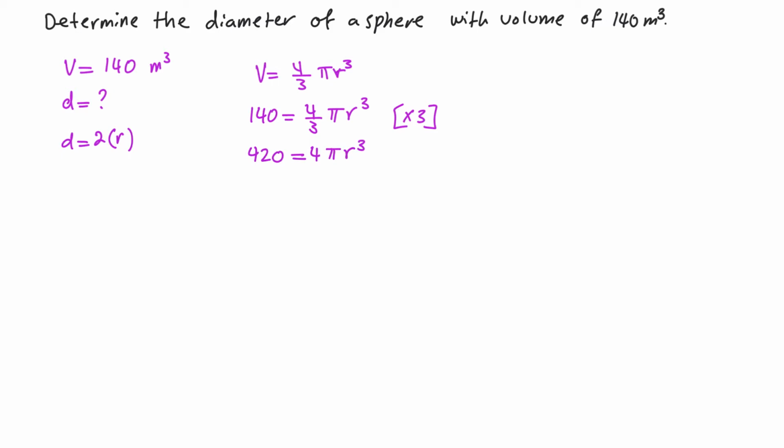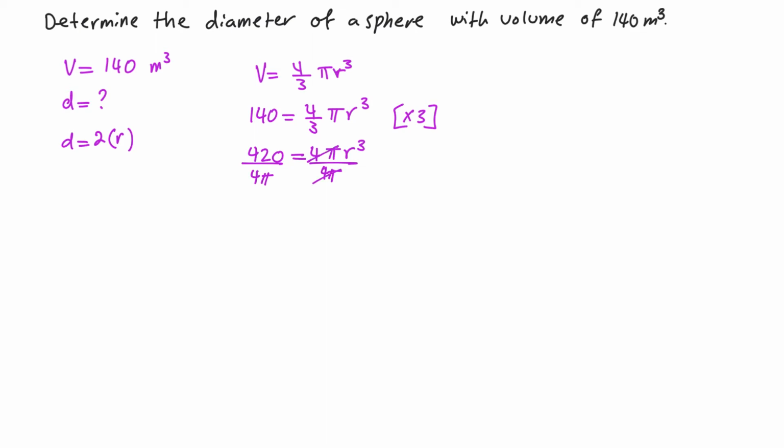Okay, so now my r cubed, which is right here, is being multiplied by 4 and pi. So to isolate for r cubed, I'm going to divide by 4 pi. So divide both sides by 4 pi. And this side cancels out.